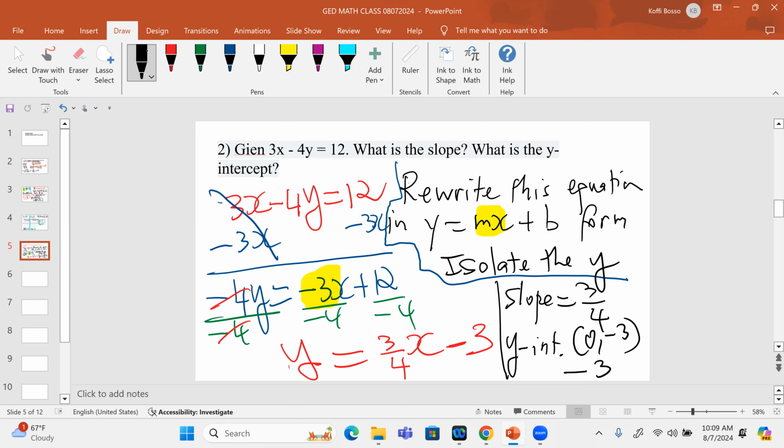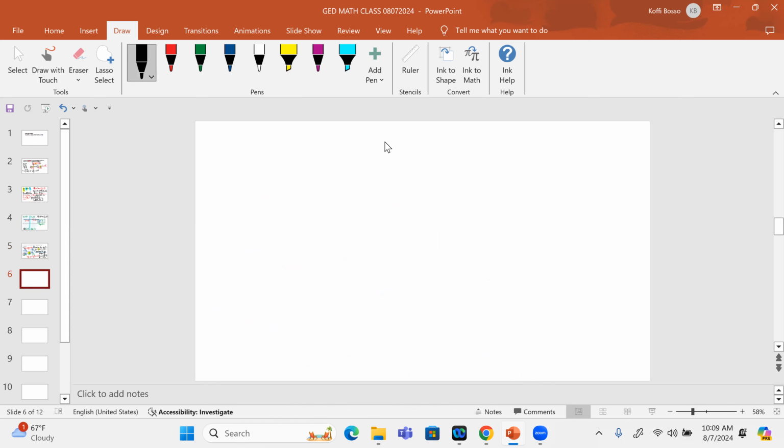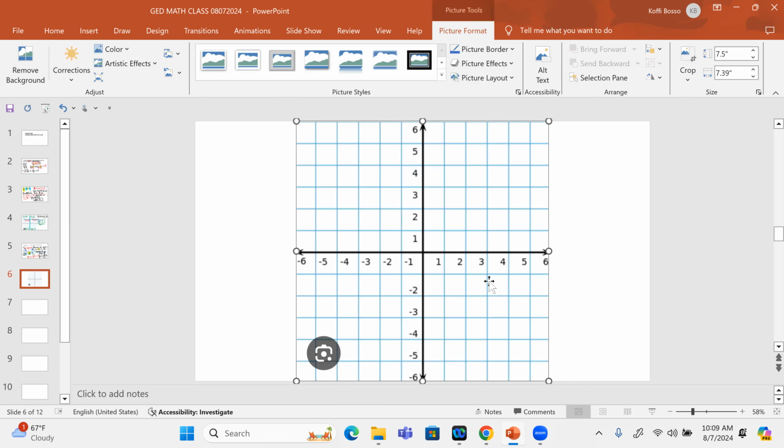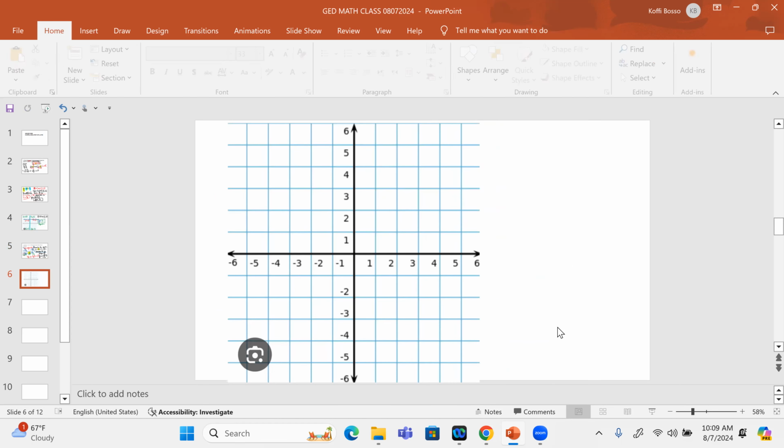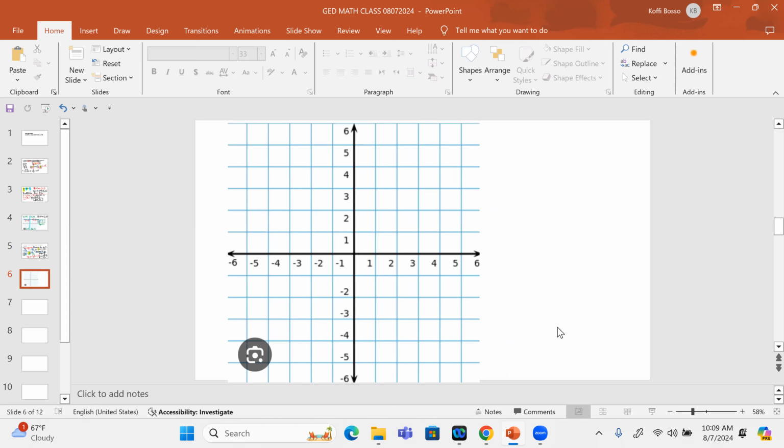So do you know that if I want to plot 0, comma, negative 3, that is another trick question. Who could tell me where that 0, comma, negative 3 will be located? Is it going to be in quadrant 1, quadrant 2, quadrant 3, quadrant 4, or is it going to be on the line? Understand this.